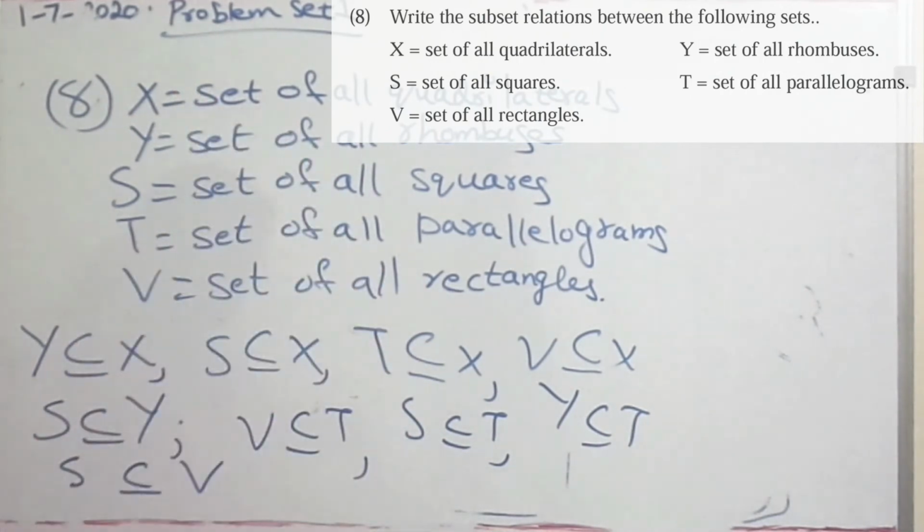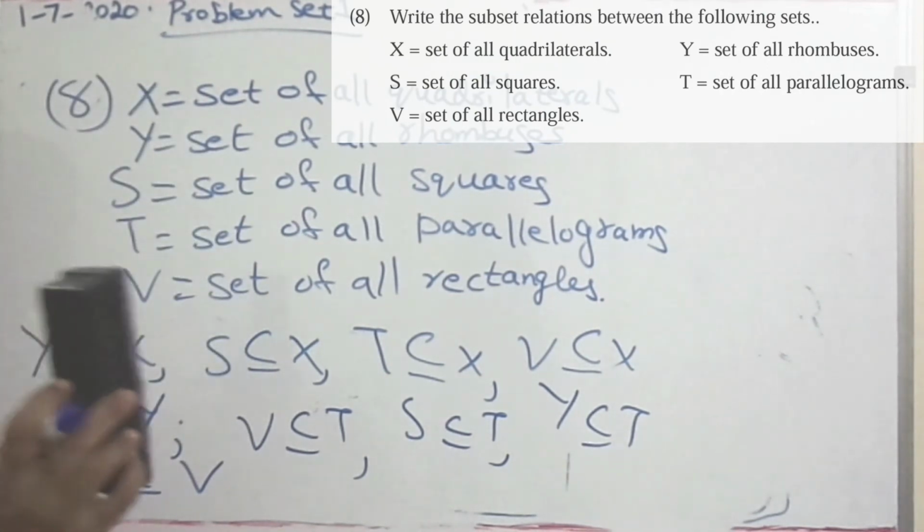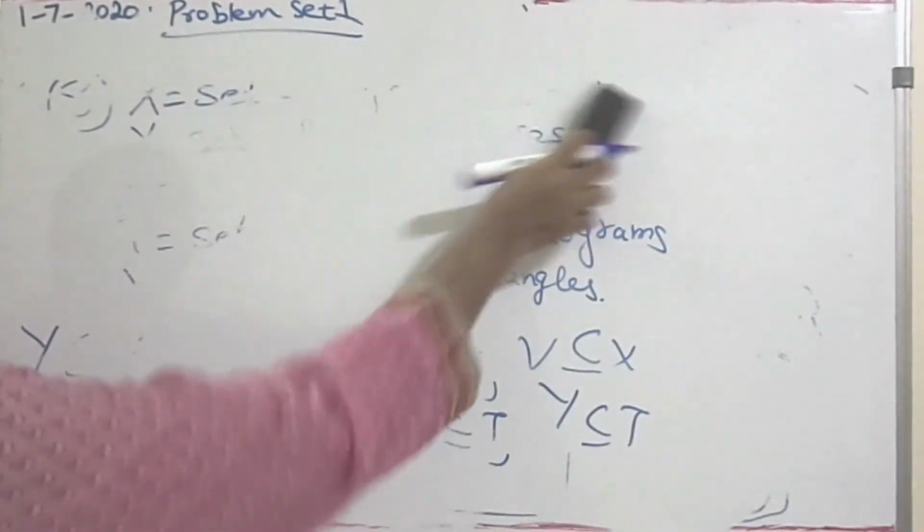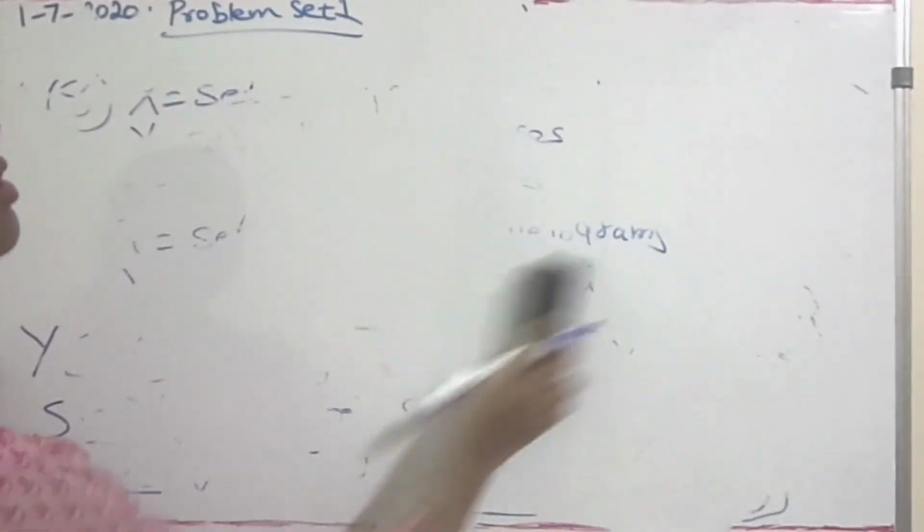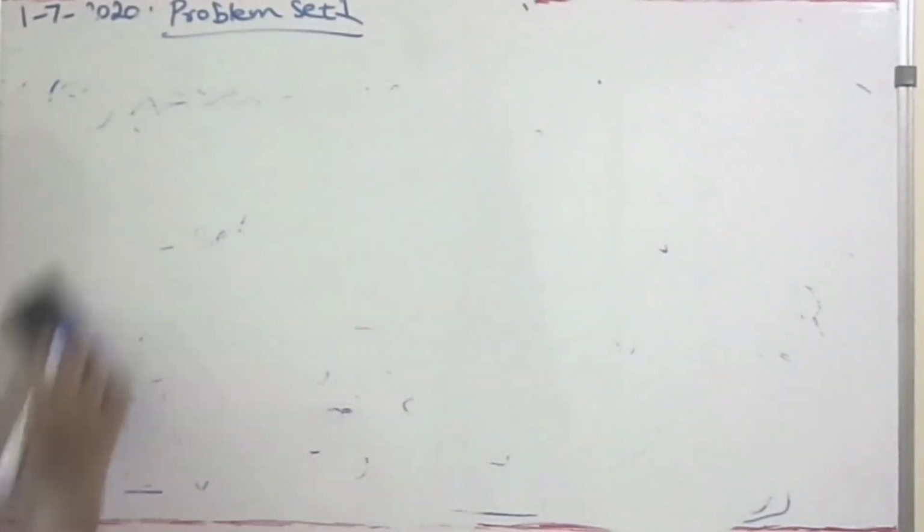Now once again I will write down the omitted sums here so that it is clear. Whenever you want to write something, pause the video and write. Write down all the sums. Now I'll end after writing down all the omitted sums of this chapter.